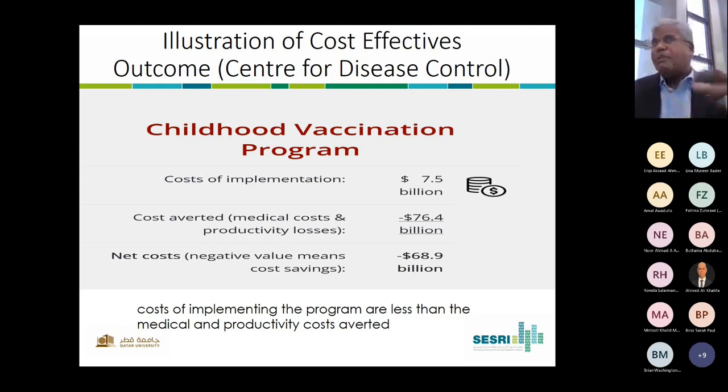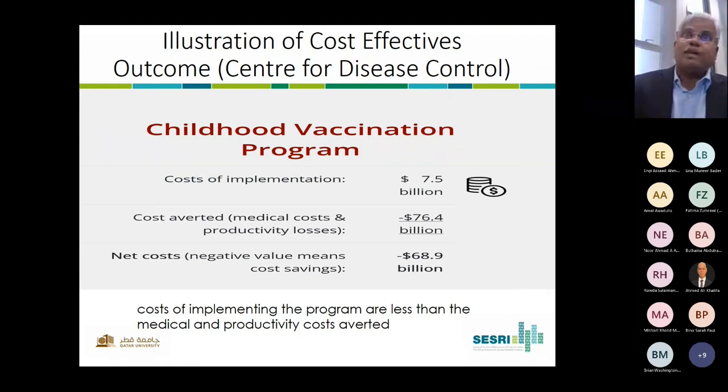But beyond this, one can also estimate even more cost averted in the life course of that individual, that is, a child. So when the child is immunized, it not only protects the child during childhood, but also for the entire life course. In later life, that child has a much healthier and longer lifespan.